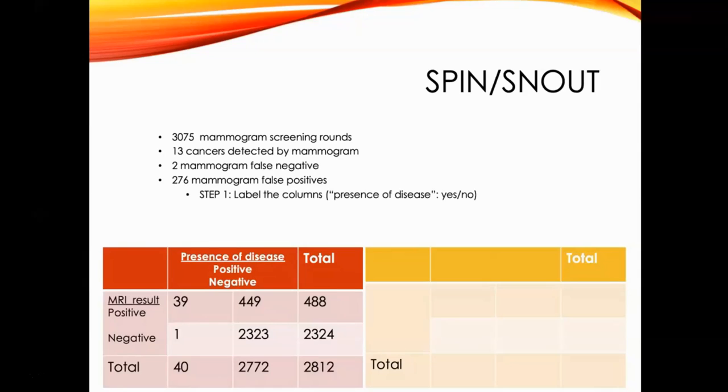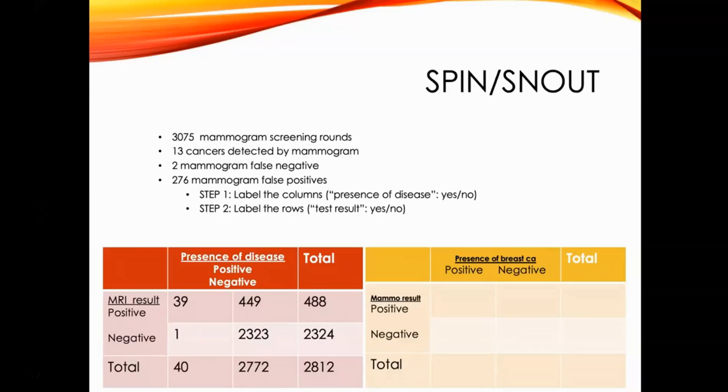So we're going to start with step 1. We're going to label the columns, presence of disease, yes or no. I'll do that here and you can do it on your worksheet. Now we're going to do step 2, label the rows, test result, yes or no. Here it's the mammogram. I'm going to do that here and you can do that on yours.